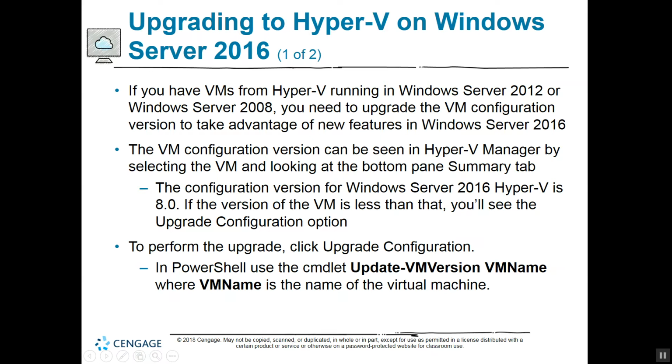That's the summary tab. The configuration version for Windows Server 2016 Hyper-V is 8. If the version of the VM is less than that, you'll see the upgrade configuration option. To perform that, you can use PowerShell. There's a cmdlet, Update-VMVersion, then the VM name, that's the name of your virtual machine.